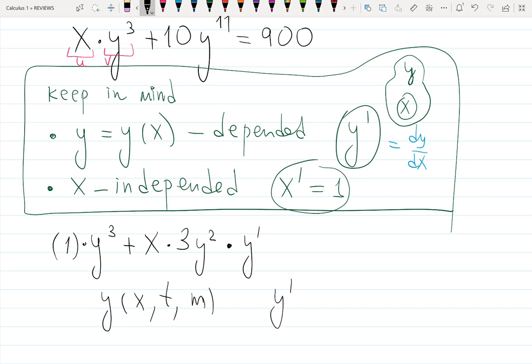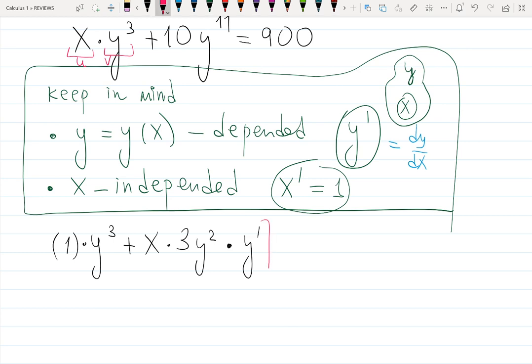Then when I ask you to find y prime, the question will be which one? With respect to x, with respect to t, with respect to m. That's why the notation dy with respect to, say, t will be more clear. It will say this is the derivative of the function with respect to time, or the speed of the function with respect to time versus mass or position x. That's just a side note. So you can be more professional from the beginning, but for testing purposes, y prime is faster.